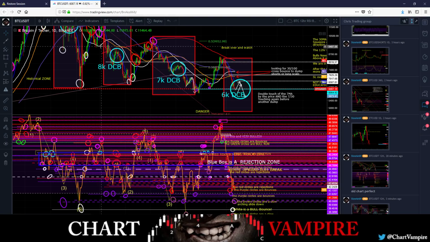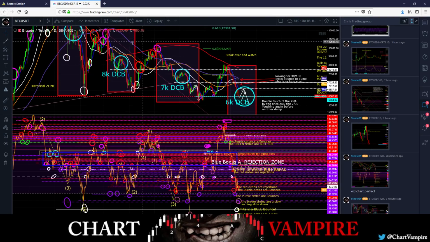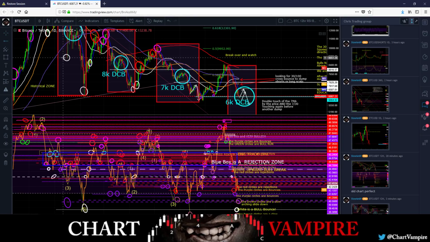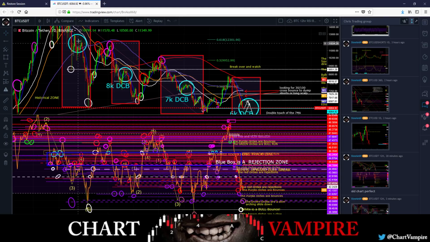Okay, so I'm kind of looking for this pattern to play out one more time. Right, and if we go over here, boom. So there's the $9,000 dead cat bounce, and look, there it is. Boom.